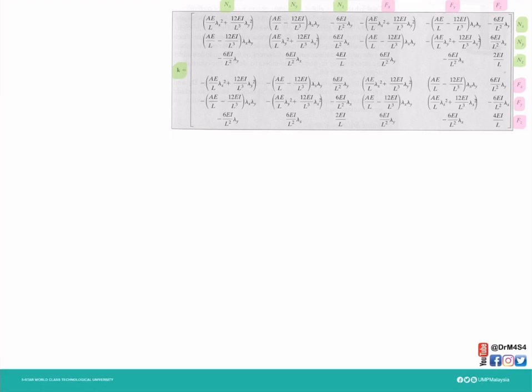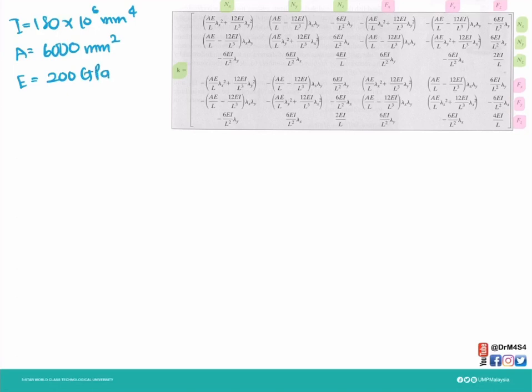So let's do it. So we know our value for I is 180 times 10 power of 6 mm power of 4. Then our area is 6000 mm square. Then our E is 200 GPa.